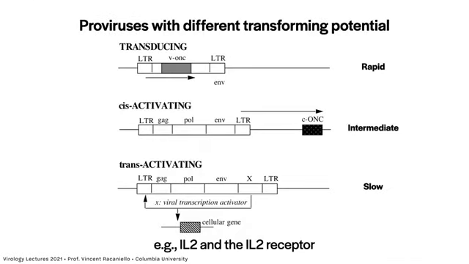And here is a diagram of how those three work again. So we have transducing retroviruses, right? They have picked up an oncogene. So the viral genome contains the oncogene. And so these are rapidly producing transformed cells and tumors eventually. Then we have cis-activating, where the LTR integrates next to a cellular oncogene and turns on its expression.